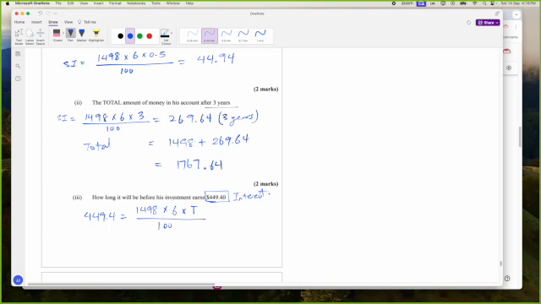So we could boil down all of this nice and easy. 1498 times 6 divided by 100 is 89.88, multiplied by time, and so therefore the time will be 449.4 divided by 89.88. So the time will be 5 years exactly.